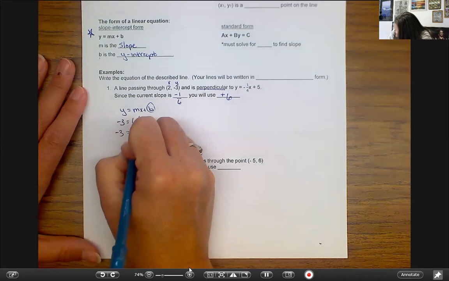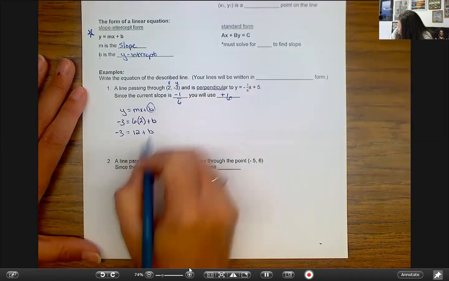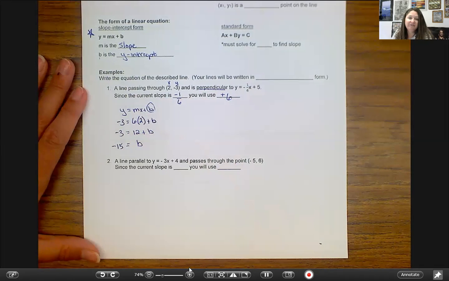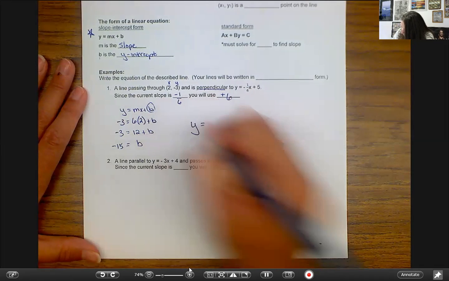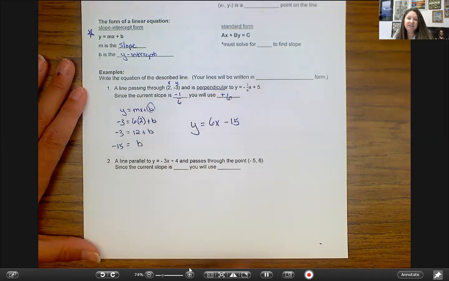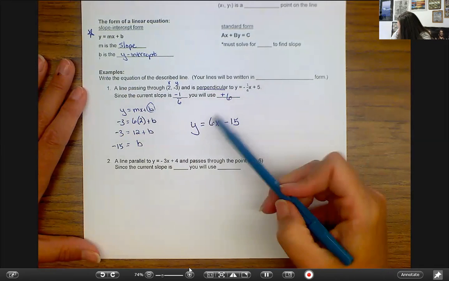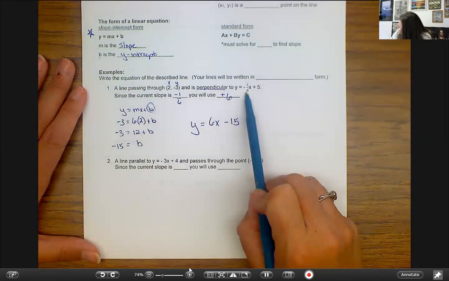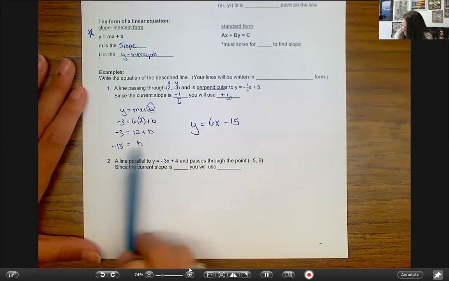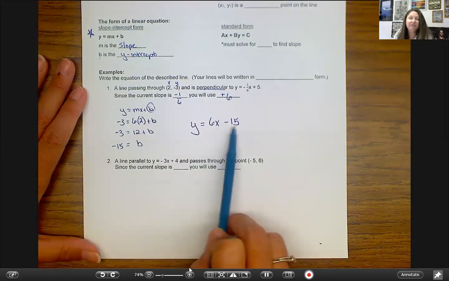If I do that, I would subtract 12 from both sides and get a value of -15 for that intercept. So the equation of my line would be y equals 6x minus 15. It has to have a slope of 6 to run perpendicular to -1/6, and it has to cross the y-axis at -15.